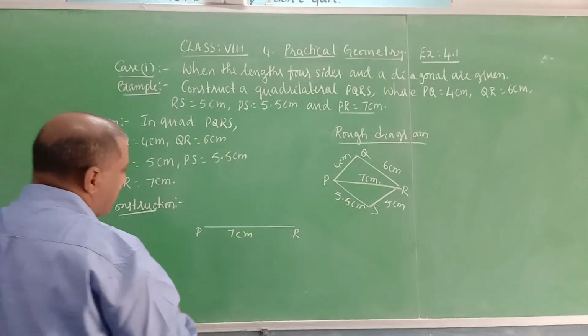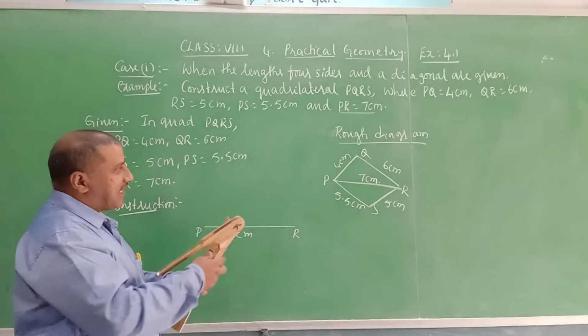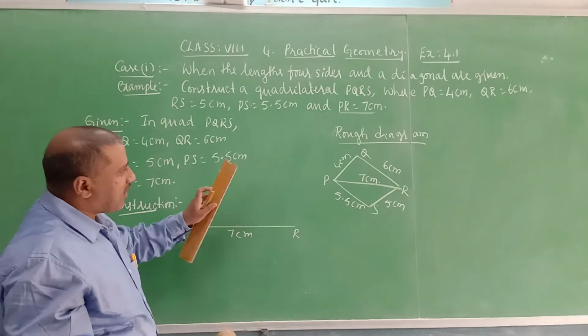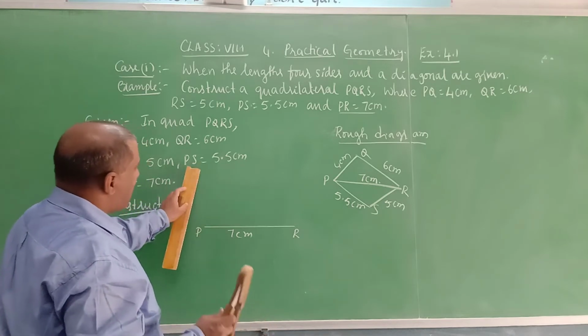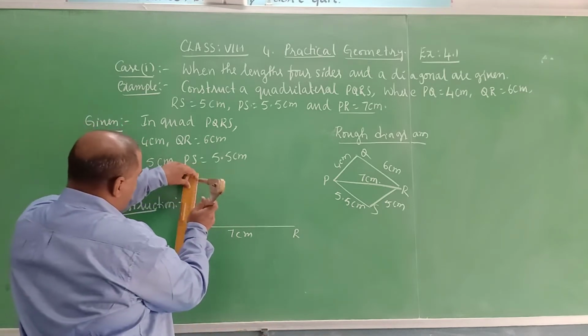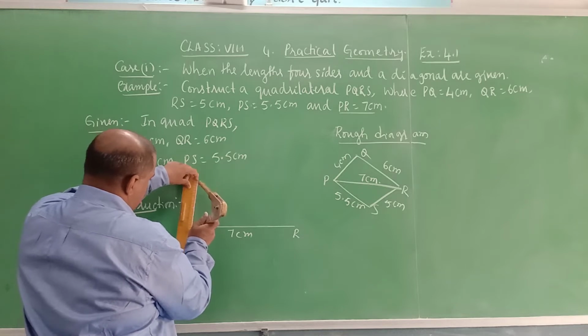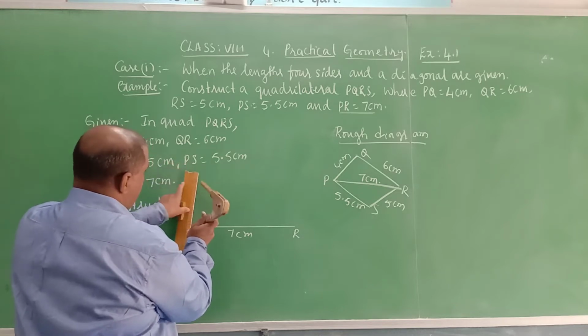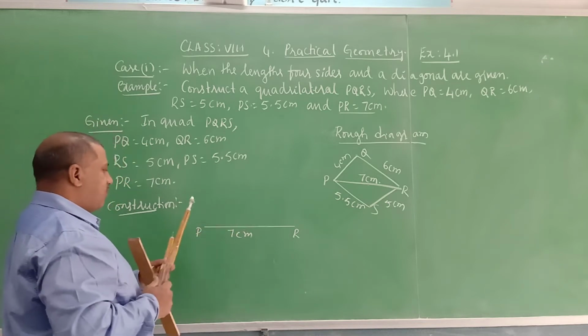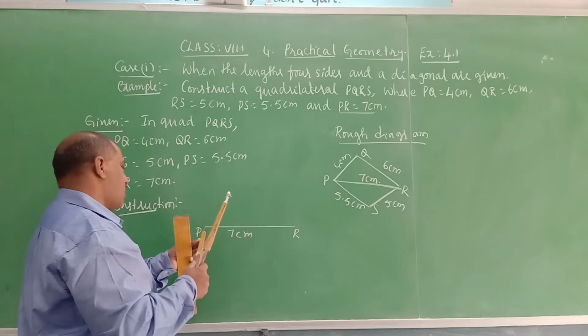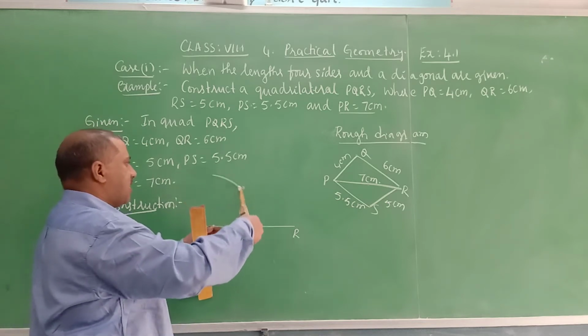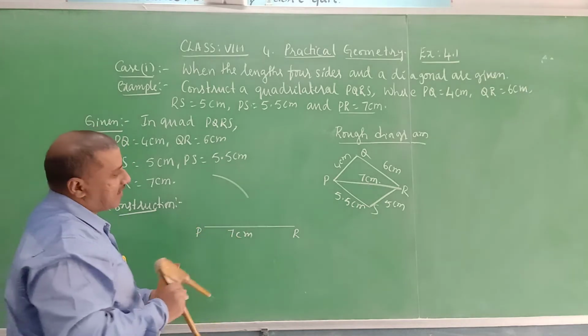Now the first step is to draw PR equal to 7 centimeters. Now to locate point Q, from point P draw an arc of radius 4 centimeters.